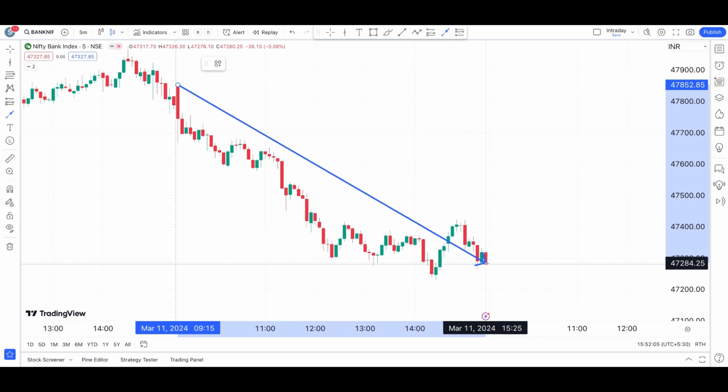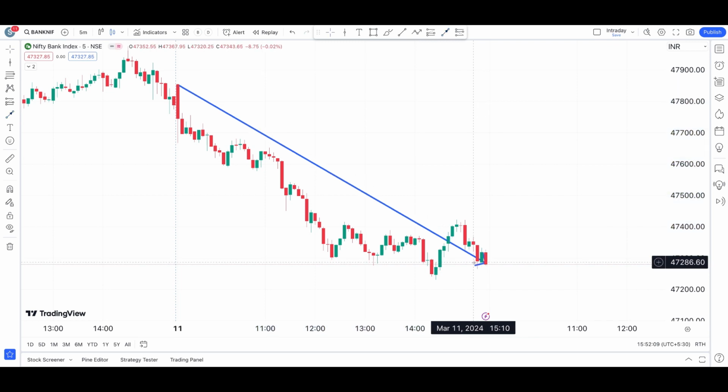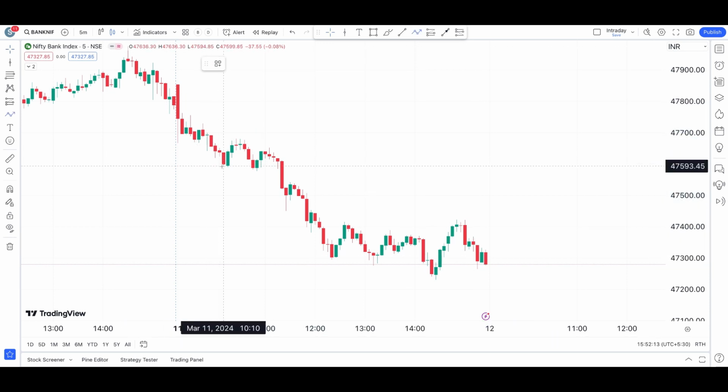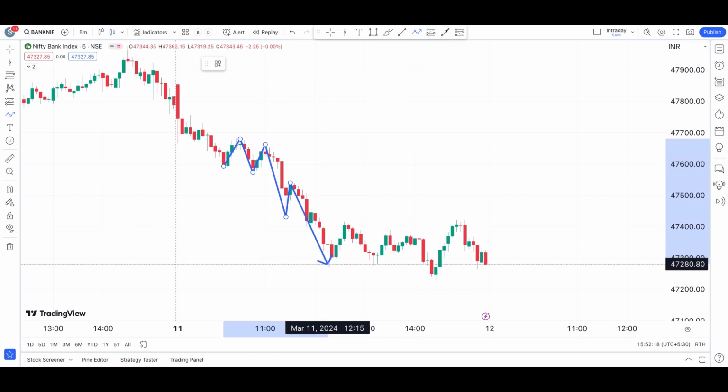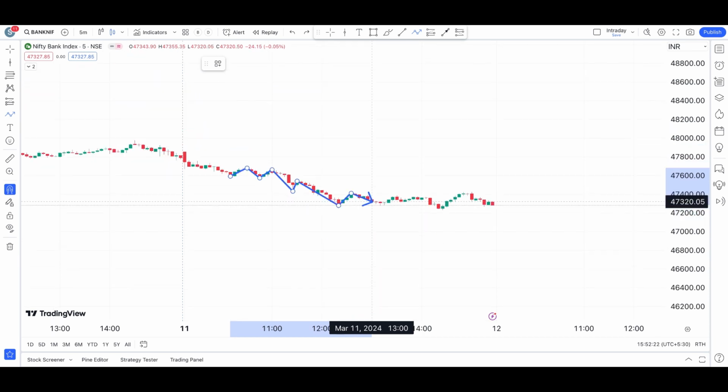From the start to the close, it's extremely towards the downside. Of course, there are a couple of pullbacks and corrections here and there. There are a lot of pullbacks, but let's see them one by one in detail.